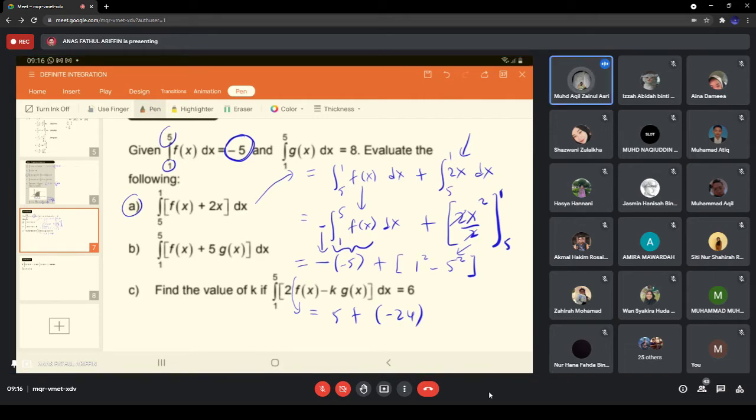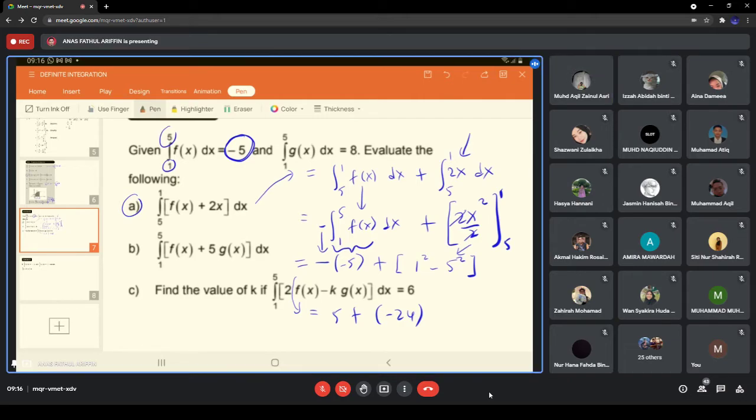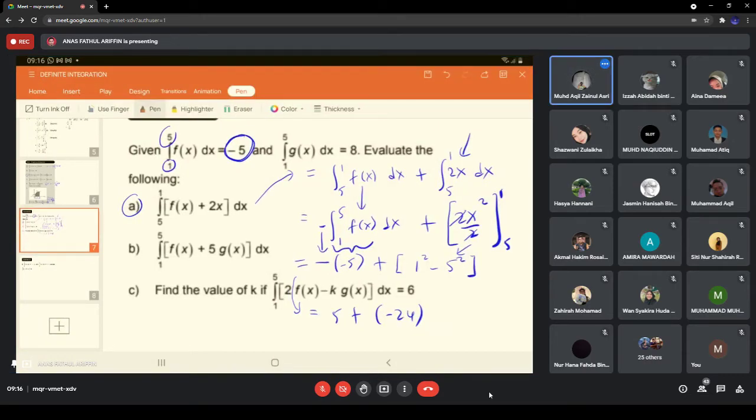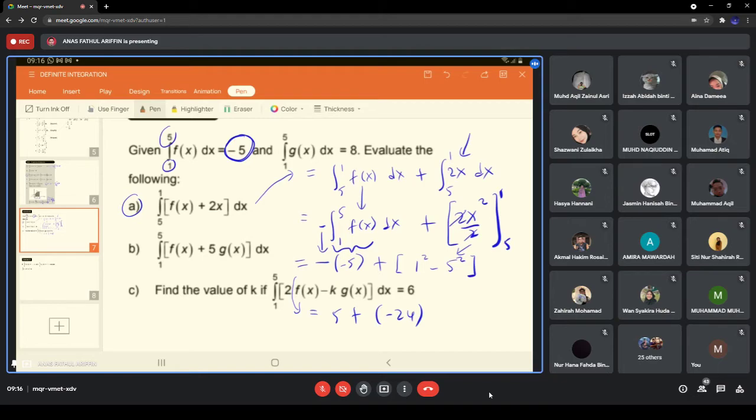So minus je. Minus kat mana tu? Dekat yang plus tu. Minus between fx dengan 2x. Integration. Okay, sekejap. Saya tengok balik.